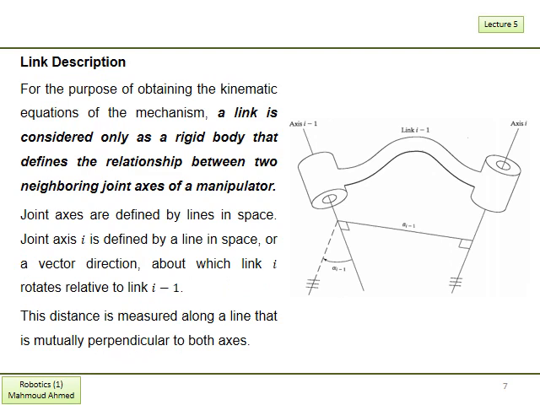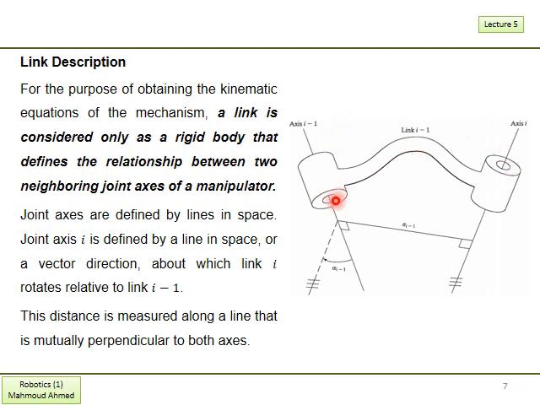The description of the link is simply this rigid body, which describes the relationship between the two neighboring joints.